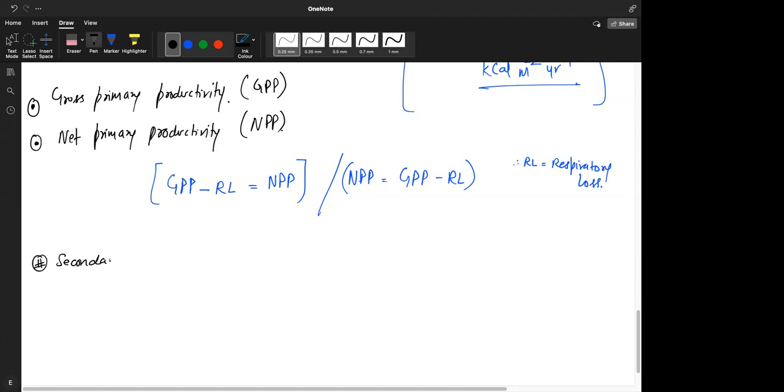I think someone can just define it now based on the knowledge of primary production. Secondary production, simple. Try, people, at least try, if you're wrong, it's okay. But not trying is not okay.